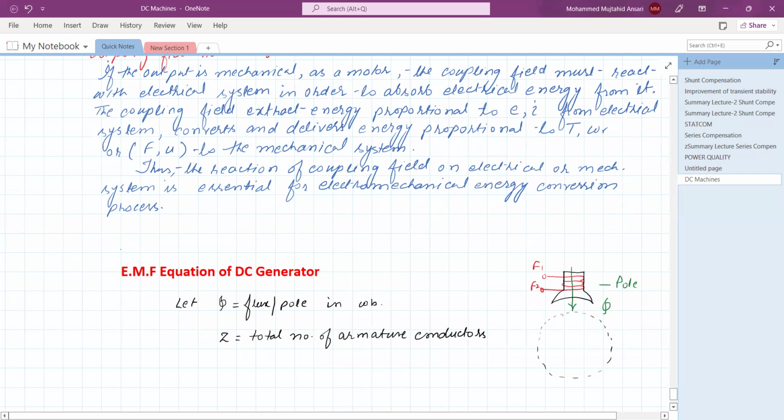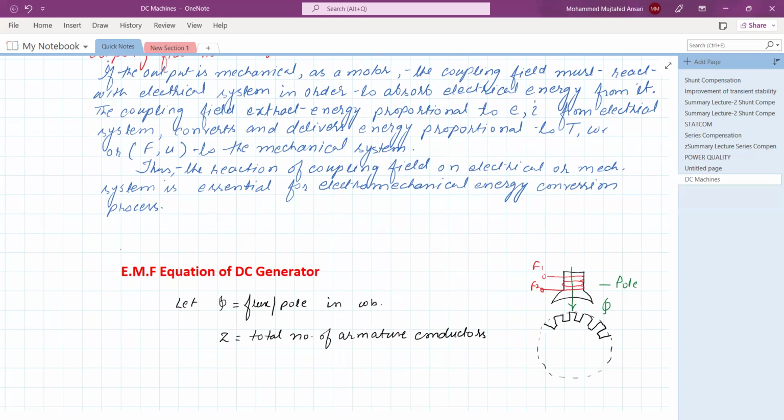There are a number of slots. This is one slot, this is the second slot, this is the third slot, and so on. It has a large number of slots, depending upon the design of the motor.